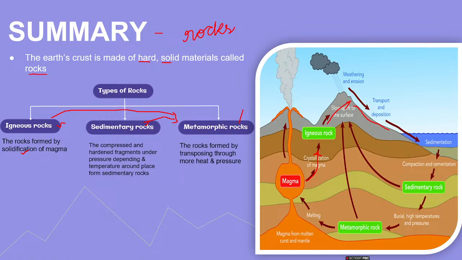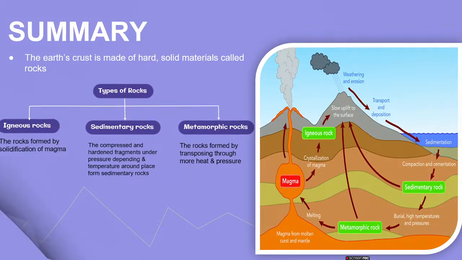These are then compressed into layers by high pressure and temperature to form sedimentary rocks. Next, they form metamorphic rocks by converting one type of rock into another under brutal, meaning dangerous, temperatures and pressures, and again they melt to form magma. They again form igneous rocks. Like that, the cyclic process is called the rock cycle.